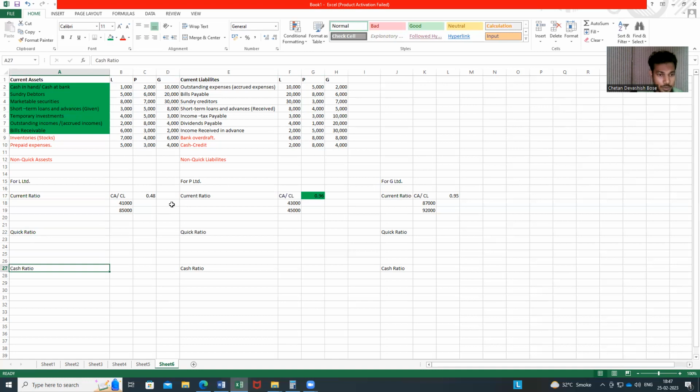Okay. Now let me quickly calculate the quick ratio. Either you can write the entire current asset and subtract these two entries, or directly write only the quick assets within the current assets, because what is the formula for quick ratio? The formula for quick ratio is quick asset divided by quick liability.